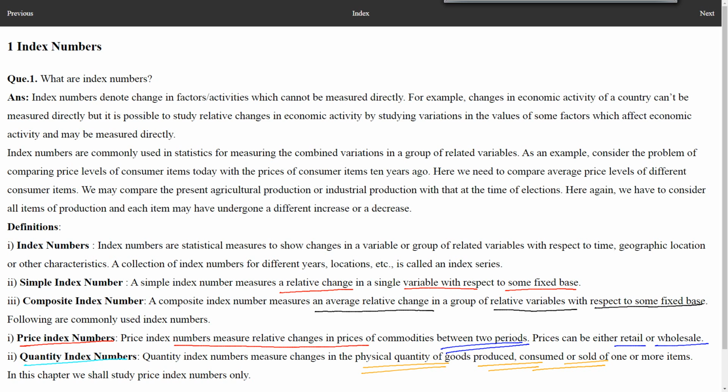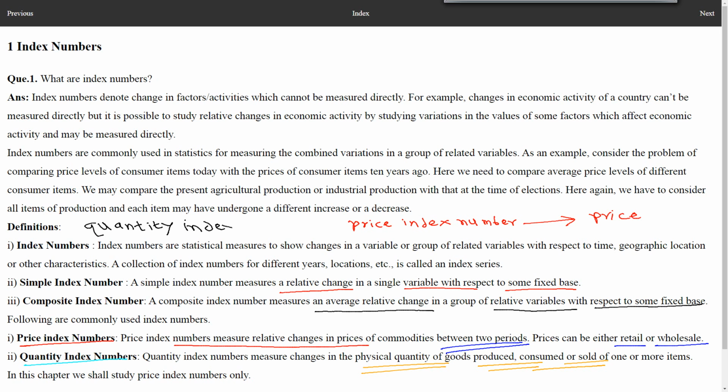Basically, price index number denotes changes in prices, whereas quantity index number denotes changes in quantities.